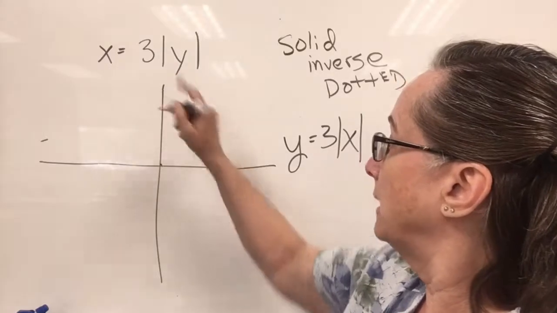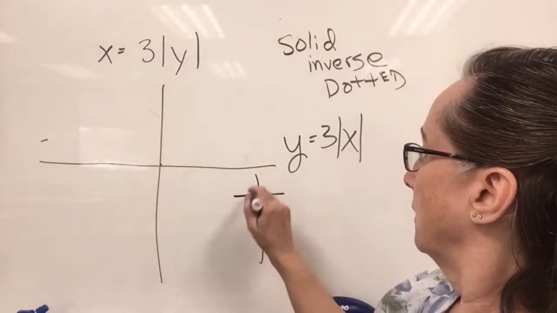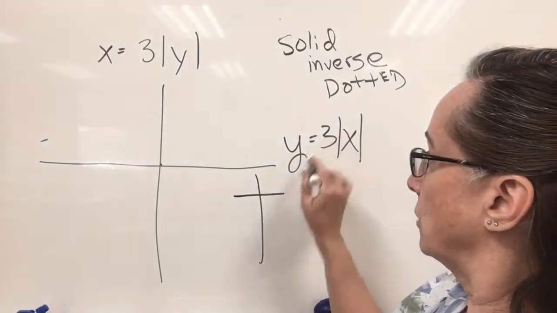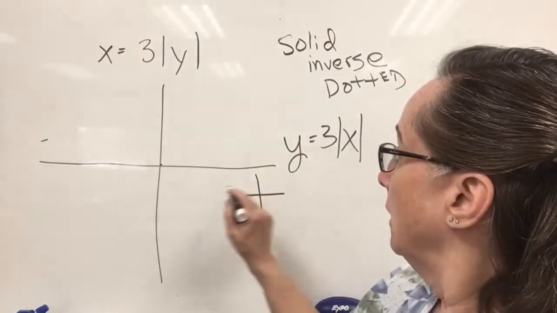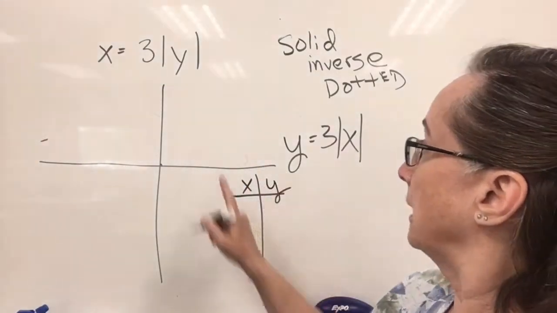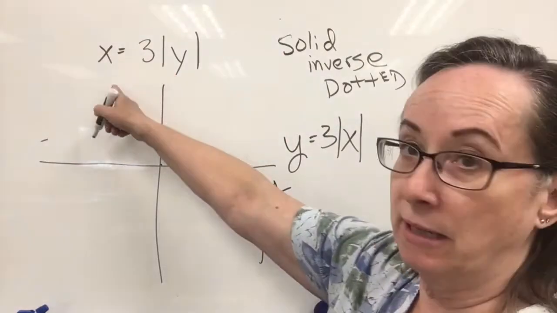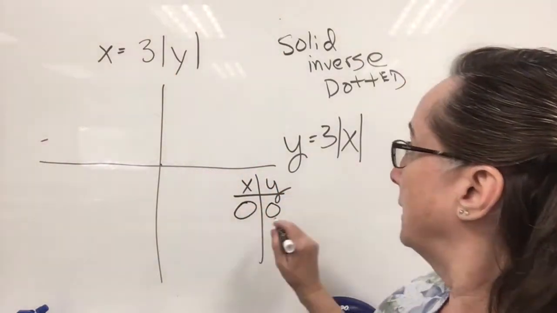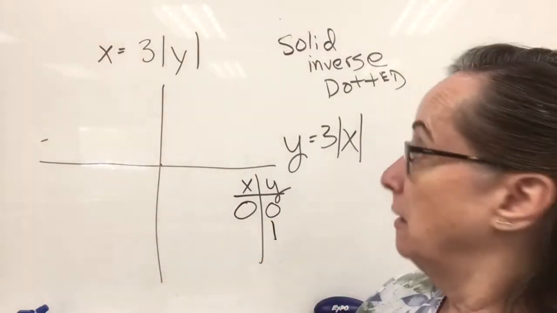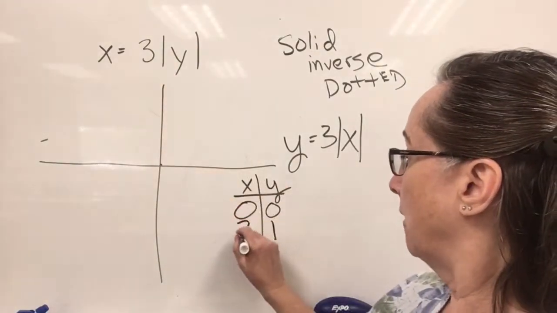So if I plugged in a couple of points, this one is the inverse function. This is the original function. If I plug in a y of 0, then I'm going to get out an x of 0. If I plug in a y of 1, then I'm going to get out an x of 3.